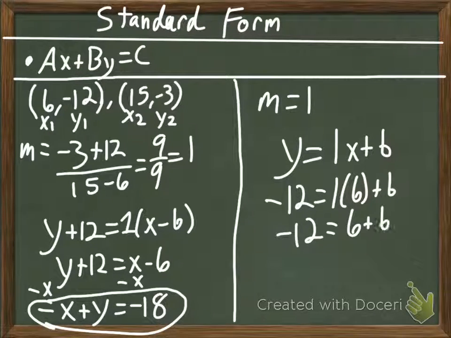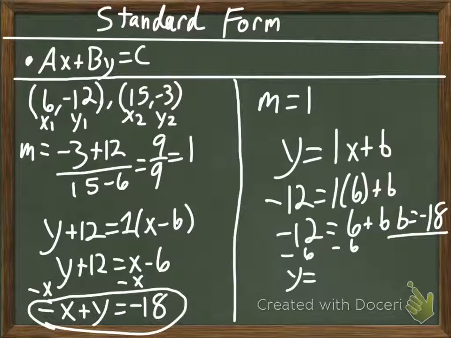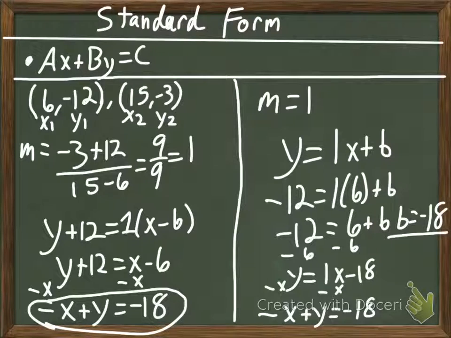Equal to 6 plus b. So we know that b equals negative 18. So we get y equals 1x minus 18, subtract x, and we get negative x plus y equals negative 18.